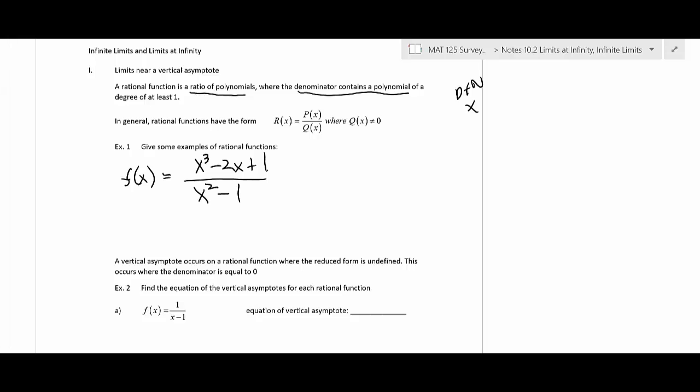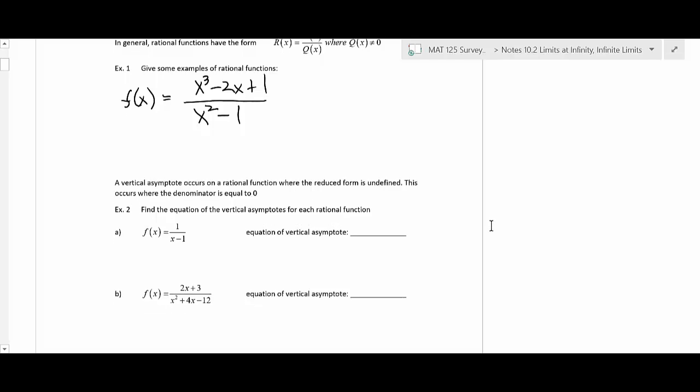Okay, so first of all, I want to review some college algebra type material and what a vertical asymptote is. So a vertical asymptote in a rational function is going to occur where it's undefined. Okay, where is a fraction undefined? What makes a fraction undefined? 0 in the denominator, right? Okay, so that's kind of the key.